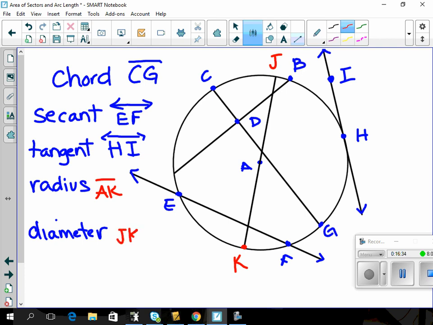Or KJ, however you want to say it. How do we feel so far with the segments in a circle? These are all segments or lines. We also talked about angles in a circle. Do you agree? So I need to think about some angles here. Let me add some. It's going to get a little messy.